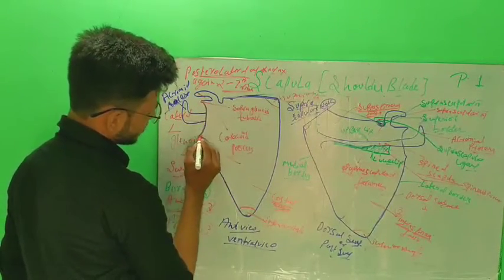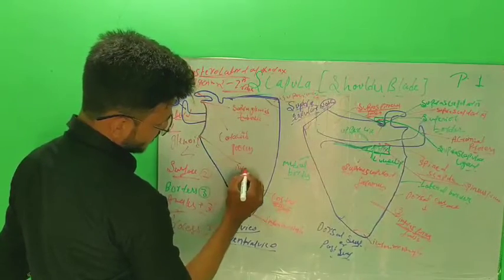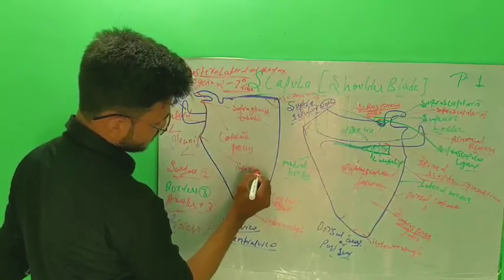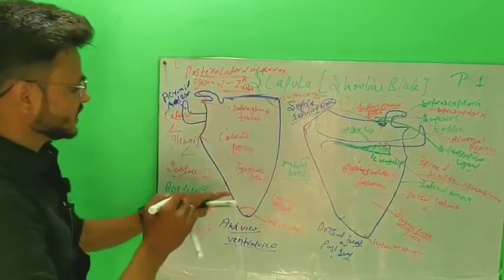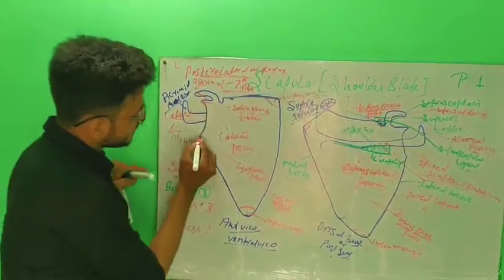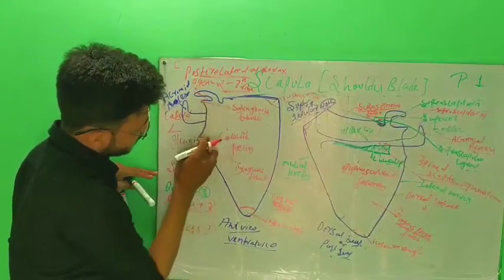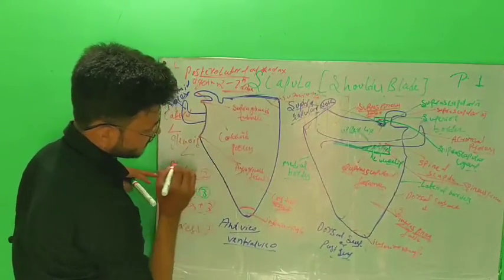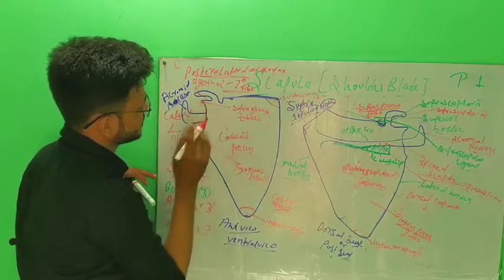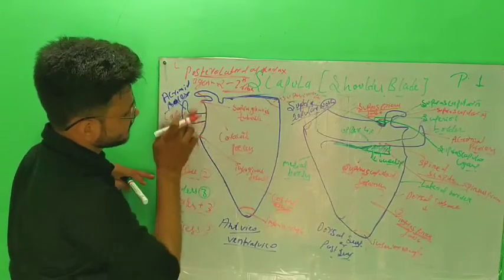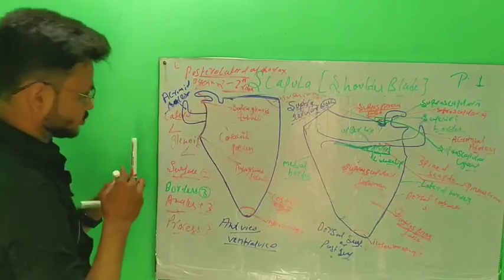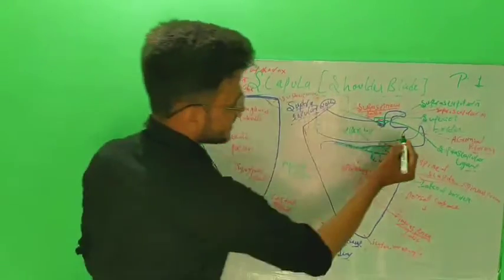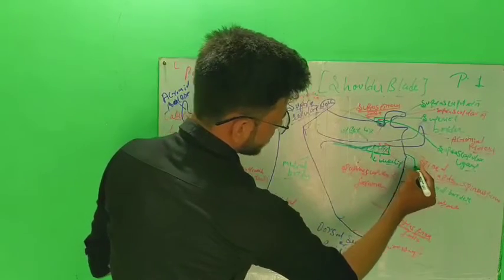This tubercle is called the infraglenoid tubercle. The tubercle present below the glenoid cavity is the infraglenoid tubercle, and the tubercle present above the glenoid cavity is the supraglenoid tubercle, and this cavity is our glenoid cavity.